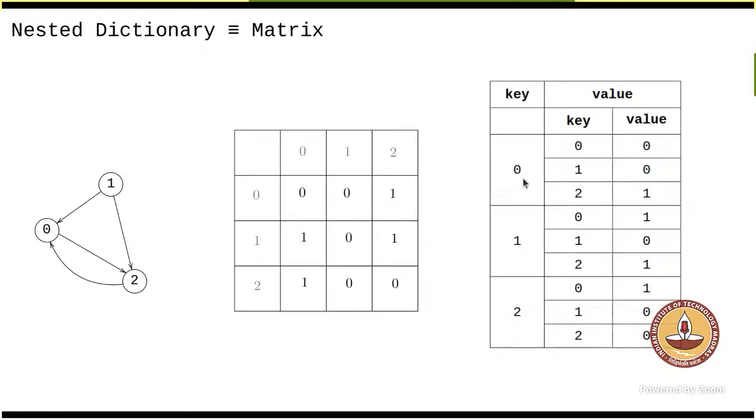So whenever you're dealing with the adjacency matrix of a graph, you must know that it is ultimately a nested dictionary. That's fine, but keep it at the back of your mind. When you are manipulating a matrix, think of it as just this matrix alone. You don't have to think about it every time as a dictionary.